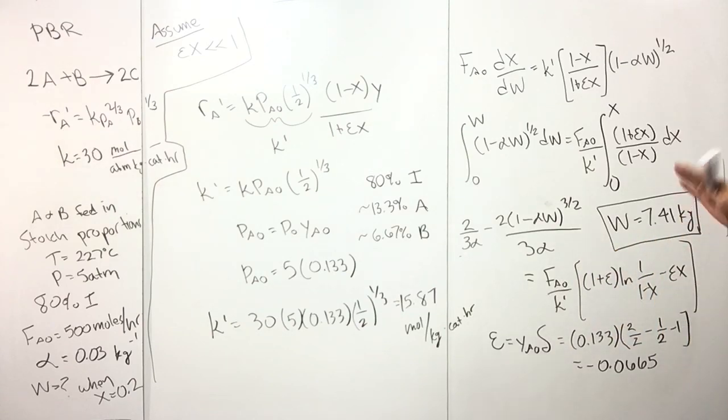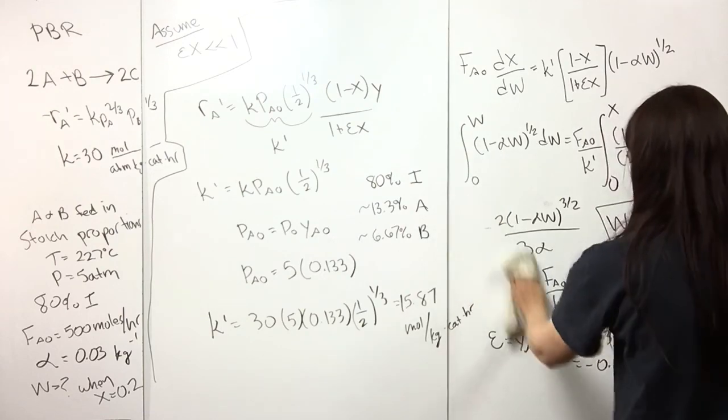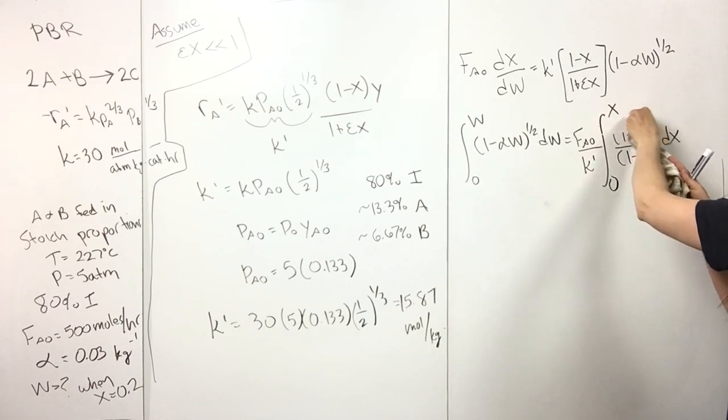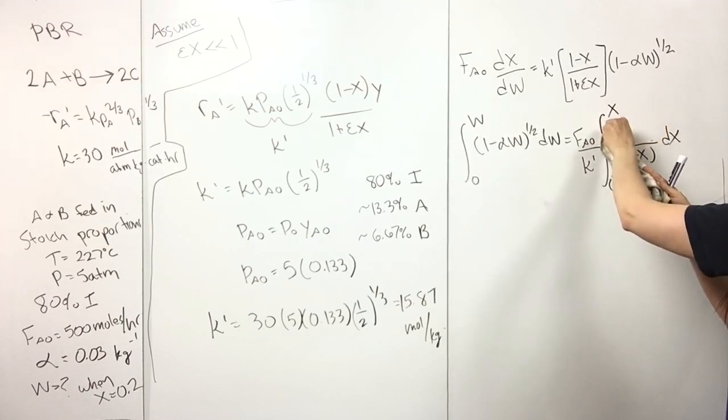And I'm just going to do this again real quick, assuming that epsilon is 0. If you assume epsilon is 0, then this equation, you end up with this.